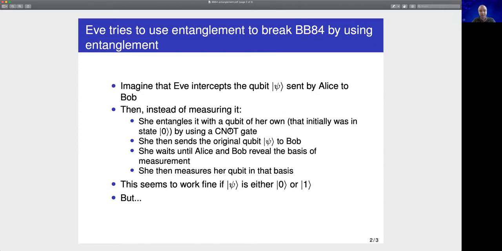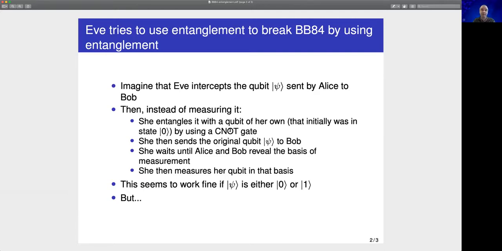When one learns about quantum entanglement, one can think that this is something that could be used to learn something about psi. And in fact, it works if the qubit is either 0 or 1. You can just compute the different states, and you will see that in that case, Eve will completely get the information about psi.